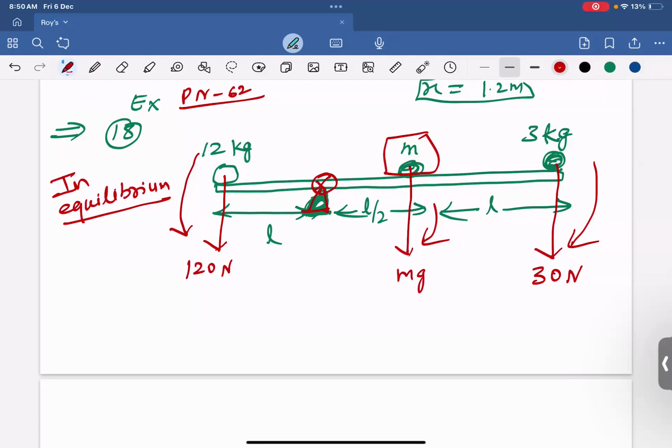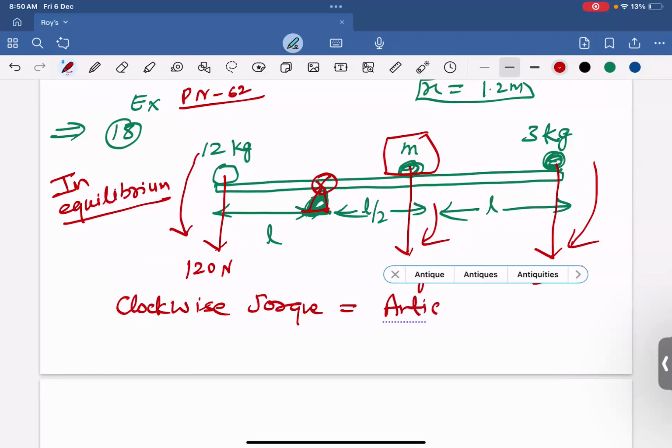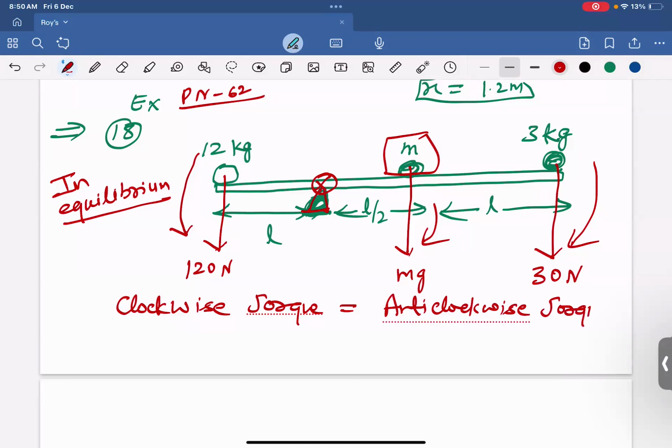Yes, sir. And our concept is clockwise torque should be balanced by anti-clockwise torque.